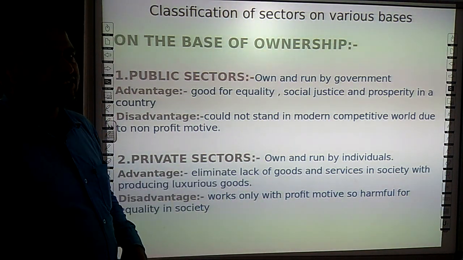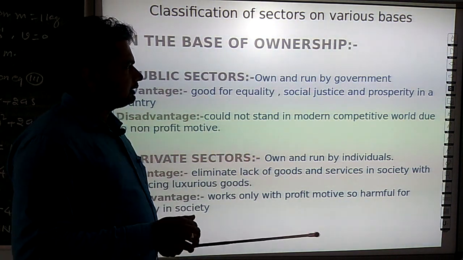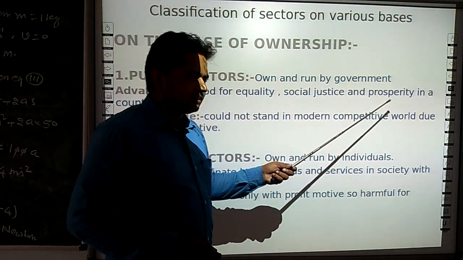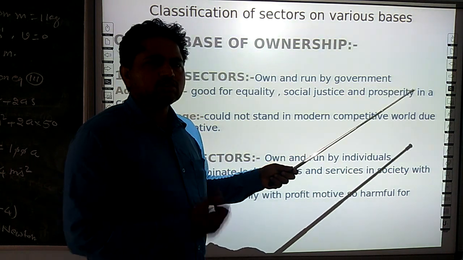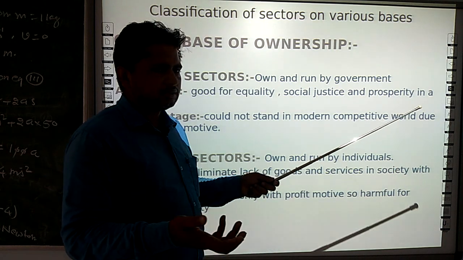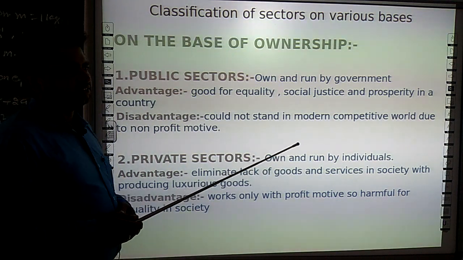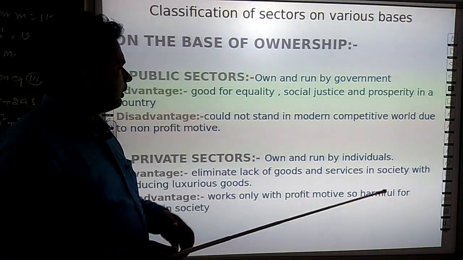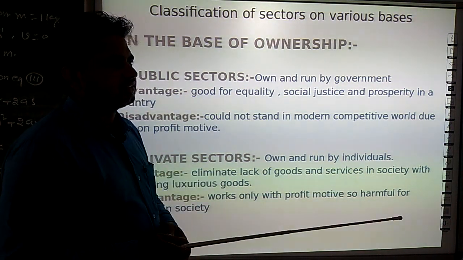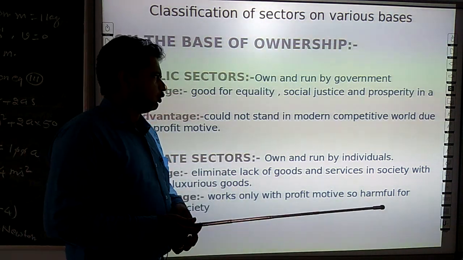It also helps in social justice as it helps in developing backward regions, and also provides prosperity by producing those things which are in need. As you find in present time, in this COVID-19 scenario, the public sector has started to produce various types of ventilators, masks, sanitizers, all these things with the help of people.